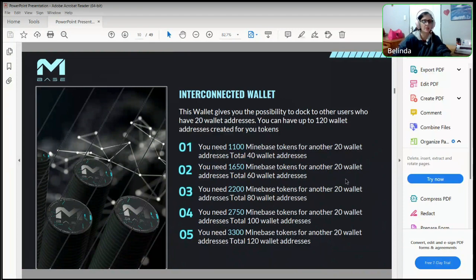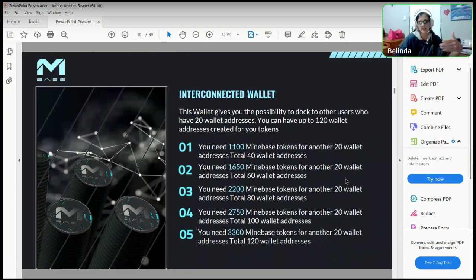For me personally, I would rather go for an interconnected wallet than buy the shares for Minebase tokens with your Ethereum or your USDT, because once you've bought your shares or your clothes racks with your Minebase tokens, those Minebase tokens are gone. If you have an interconnected wallet, yes, you're going to be paying a lot more in USDT, but you still have your coins and you will be earning with your mining, as well as earning from the shares later on.